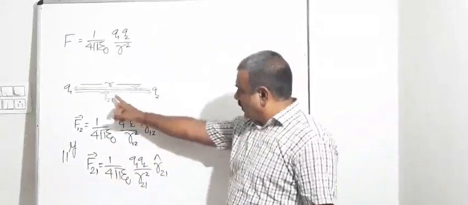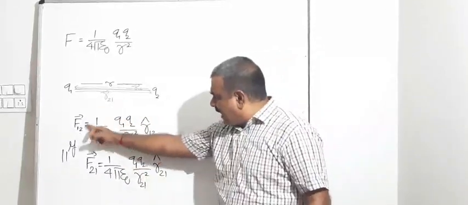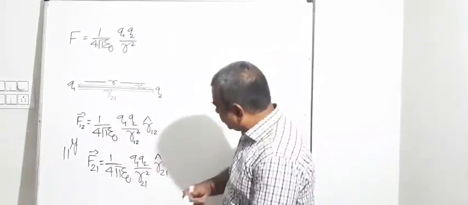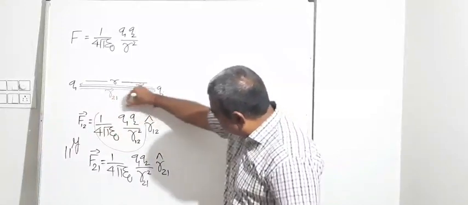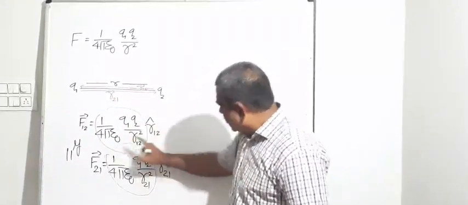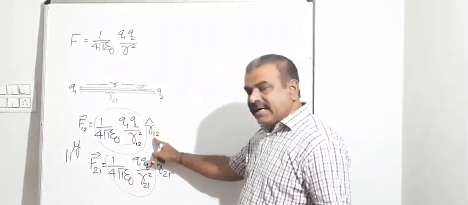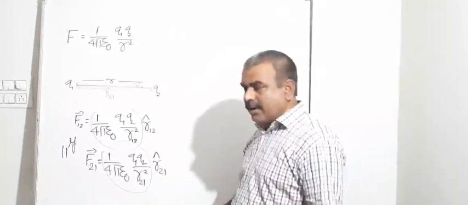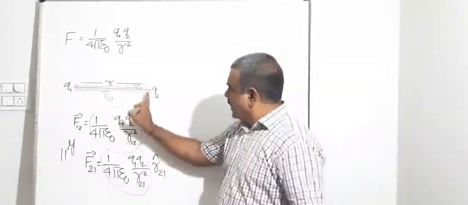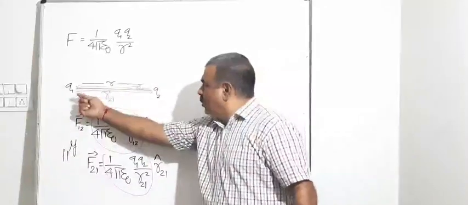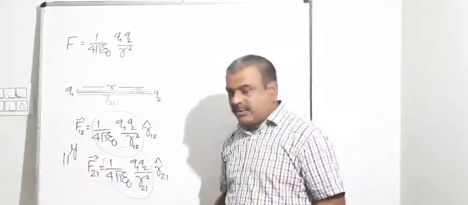Now see, this part is the same for both equations. But here the unit vector I have represented is R12 while here it is R21. And see the figure: R12 and R21 are opposite to each other.